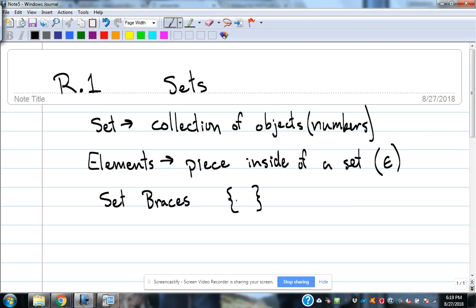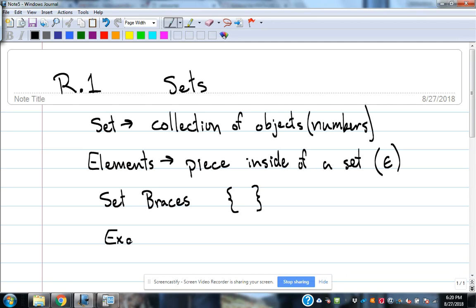Try to make the little curly braces. I call them curly braces most of the time, but the set braces are what they're called in a math class. Try to draw them neatly. Most of the stuff you're going to do is going to be online or already written for you anyway, but when we do the labs, try to draw them decently.